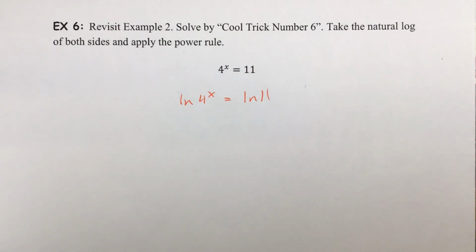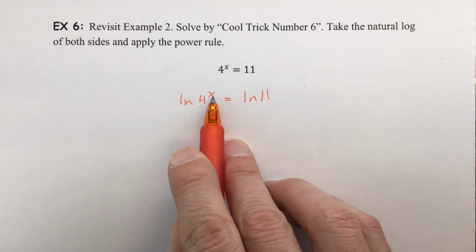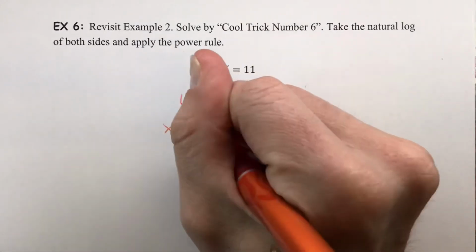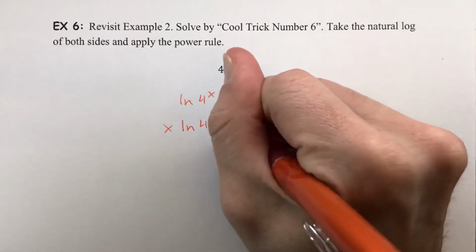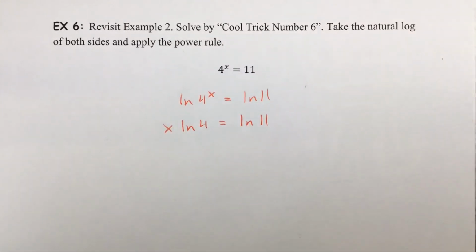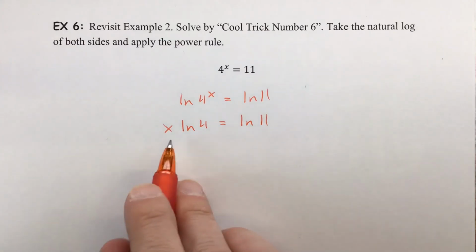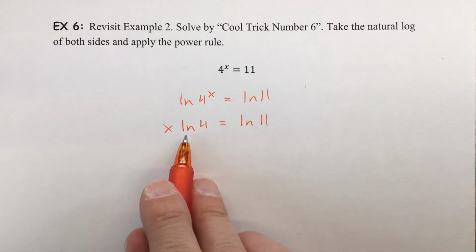And then what I'm going to do is use the power rule, which is going to allow me to take this exponent and move it out to the front. So I get x multiplied by the natural log of 4 is equal to the natural log of 11. Then to solve for x, I can actually divide by the natural log of 4.